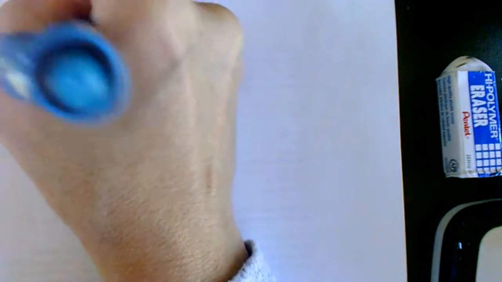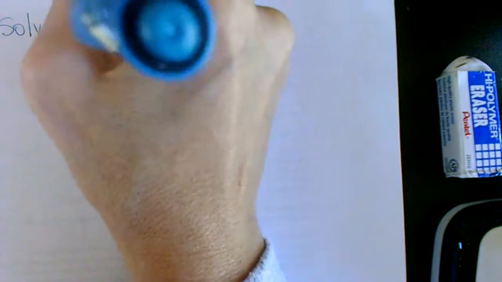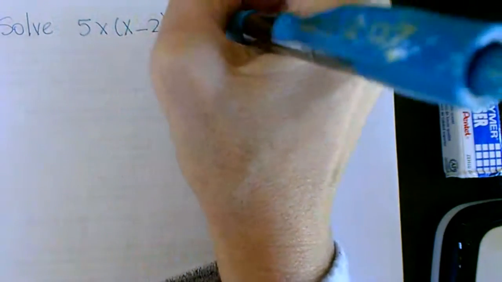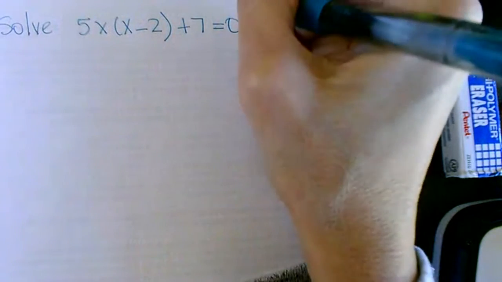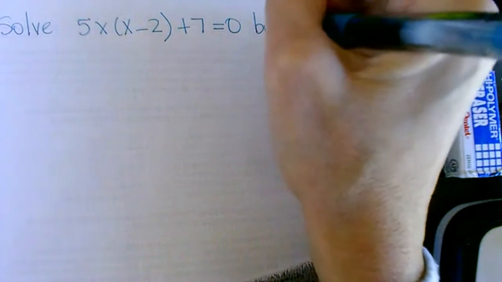I'm going to write this one down and it says solve 5x(x minus 2) plus 7 by using the quadratic formula.